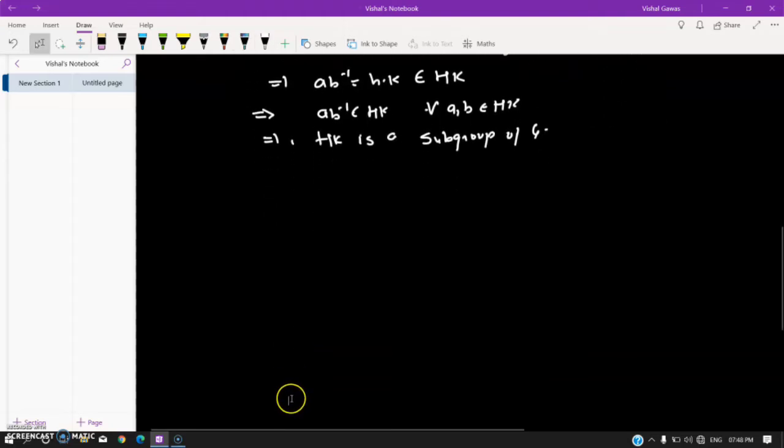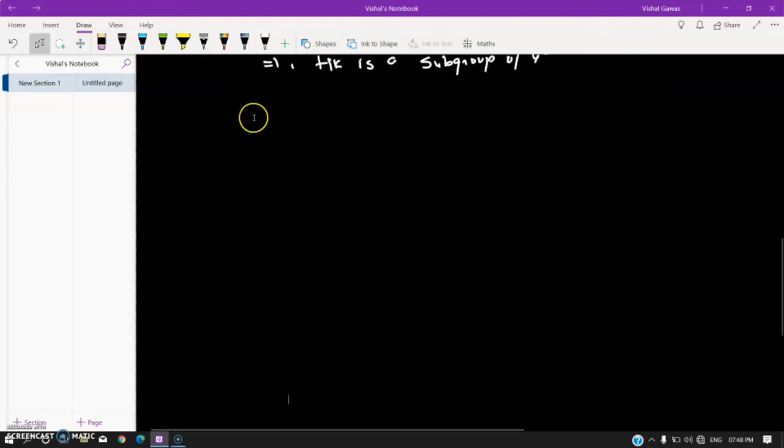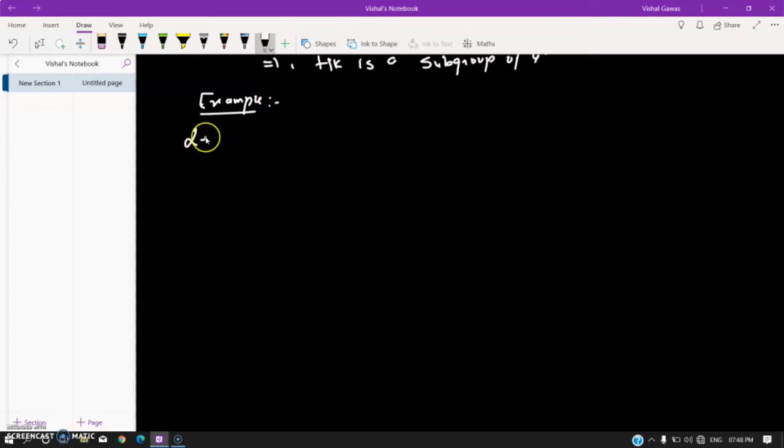The next problem. Example. Let G equal R star with multiplication. Let it be the usual multiplication of real numbers.